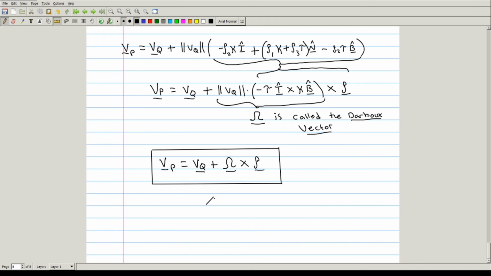So omega here is, you can think of it like the angular velocity vector, or the perceived internal angular velocity vector at that point inside the body.